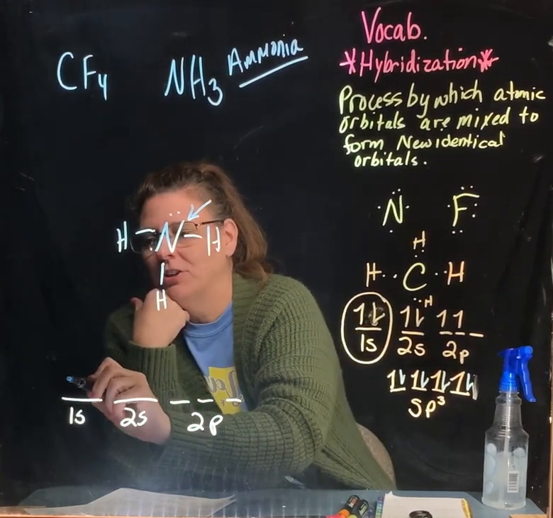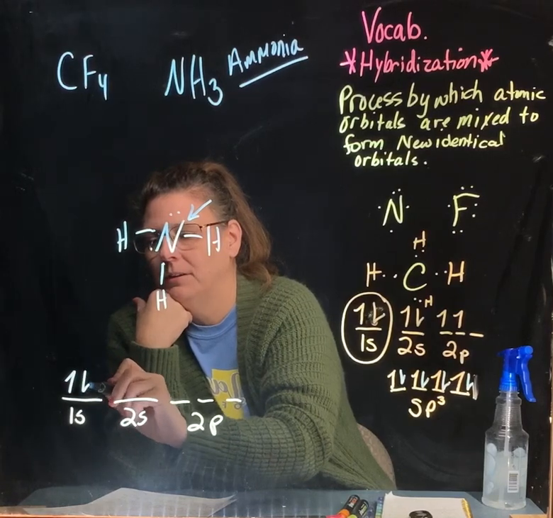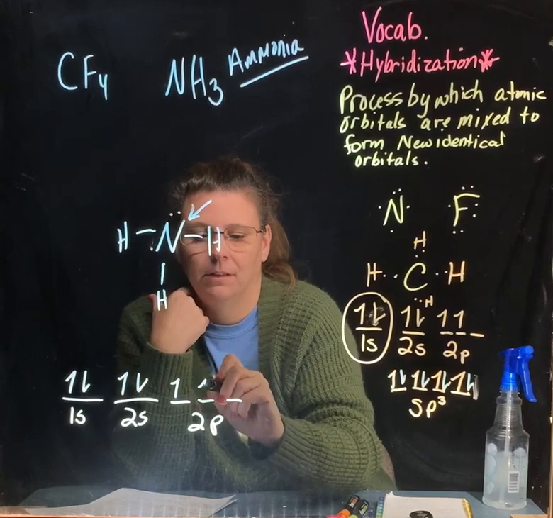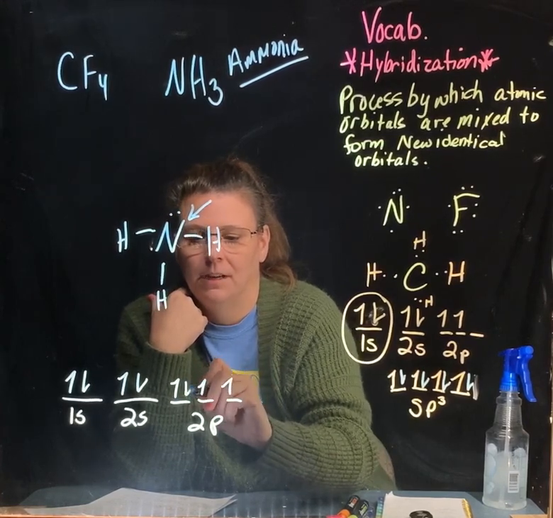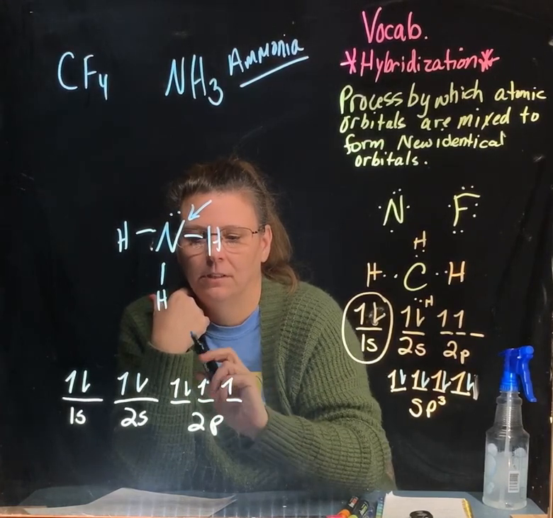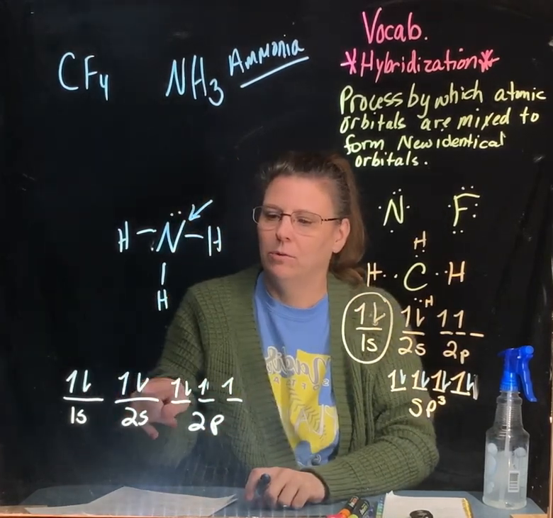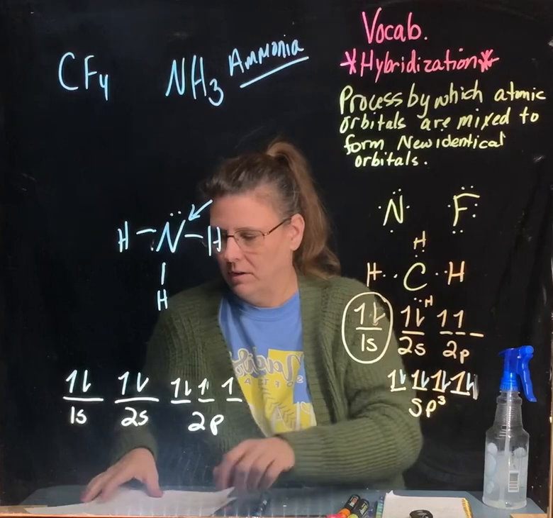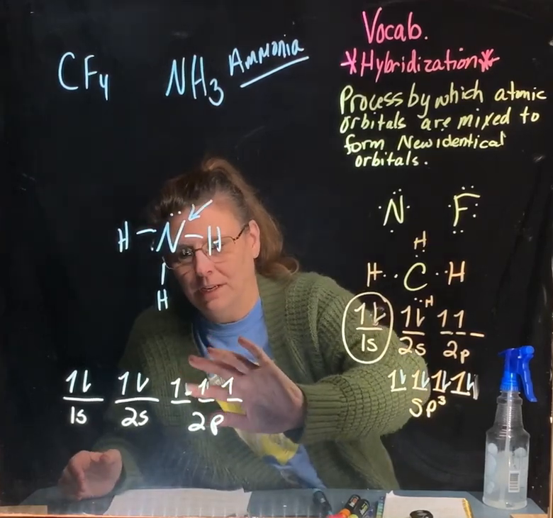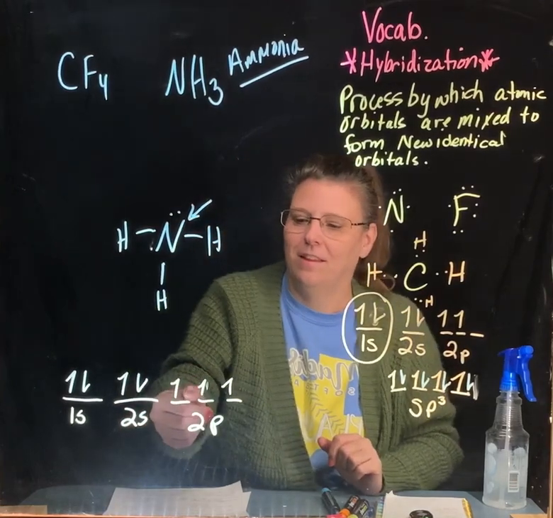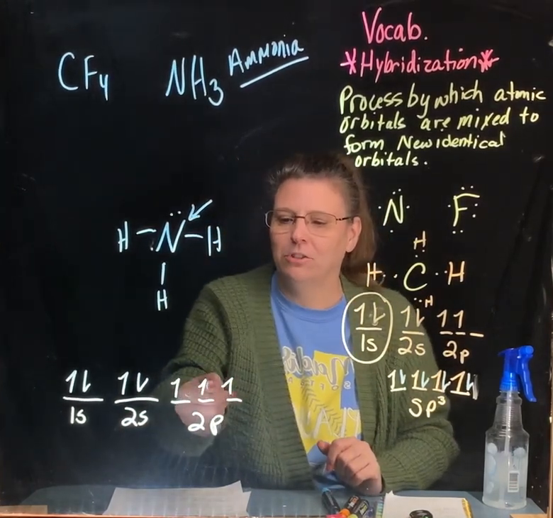So nitrogen looks like this: up, down, up, down, up, up, up. Did I do that right? No, I did something wrong here. I think I got one too many in there. There we go. Sorry. I had one too many.